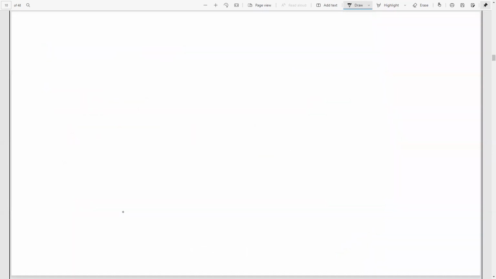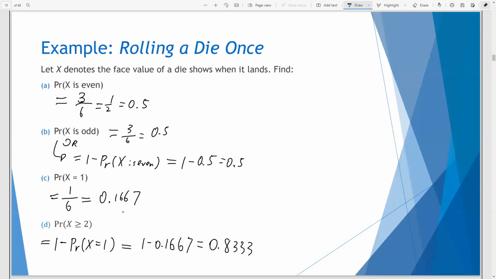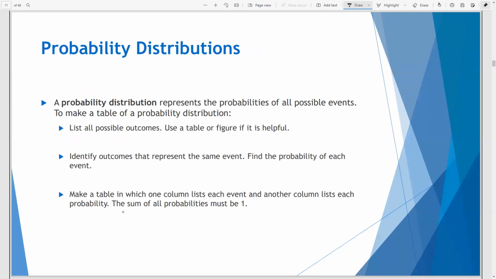The simple probability, you will see more practice in your homework assignment. The next topic is about the probability distribution. The probability distribution represents the probability of all possible events. To make a table of the probability distribution, first list all possible outcomes, using a table or figure if it's helpful.